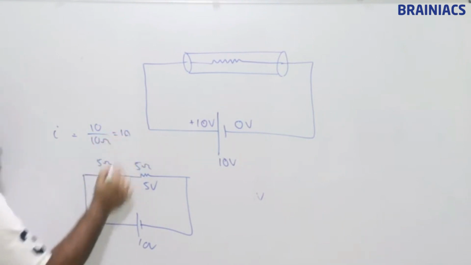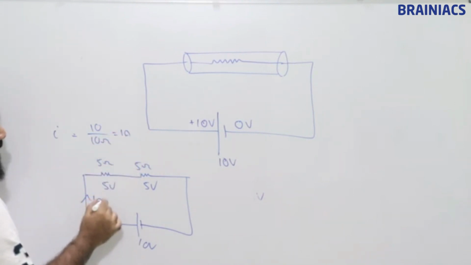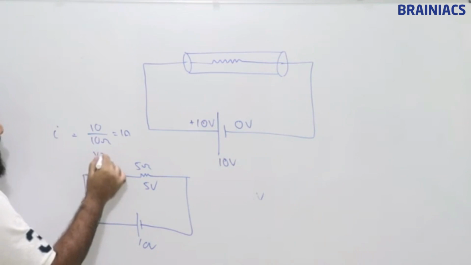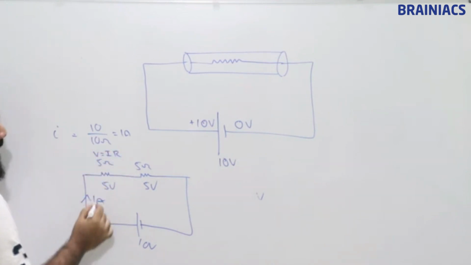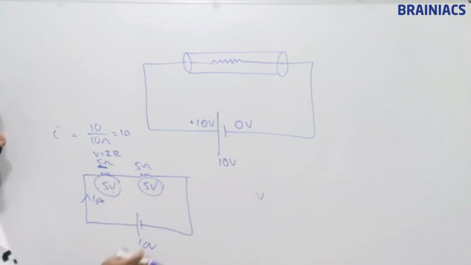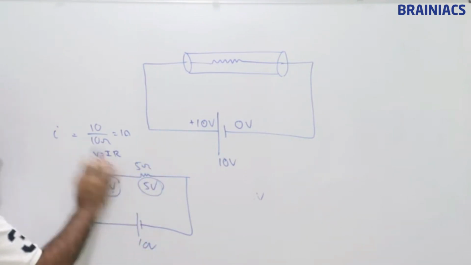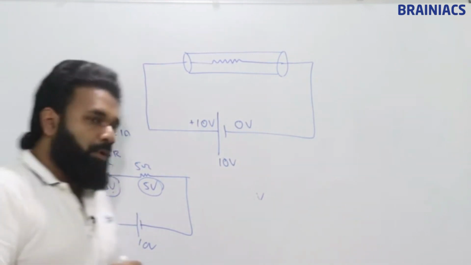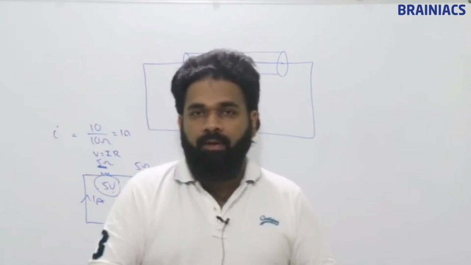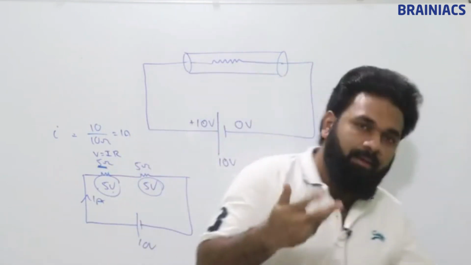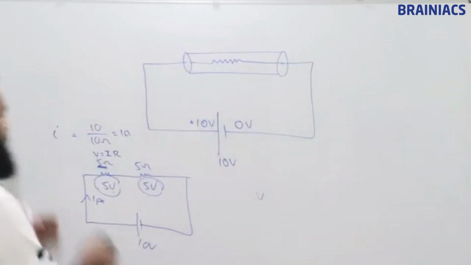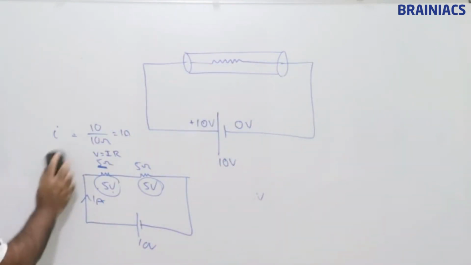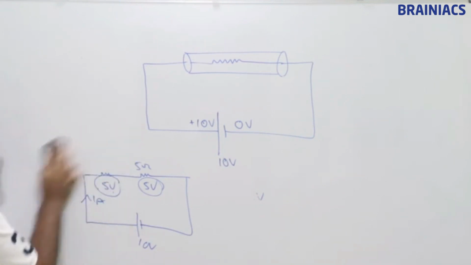This is going to be 1 ampere. When 1 ampere flows through this, V is equal to I into R, 1 ampere into 5 ohm, so we get 5 volt here. So this 10 volt is eaten by these two resistors. Pause the screen and note whatever you require.